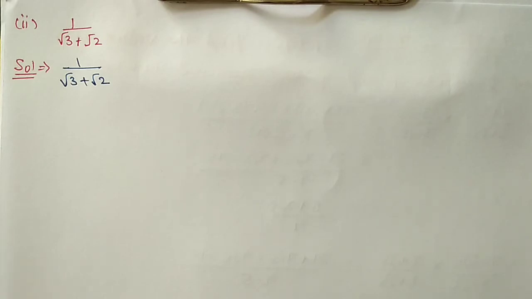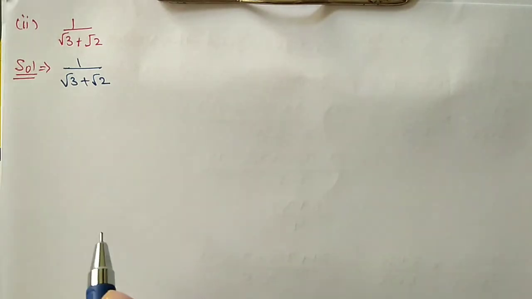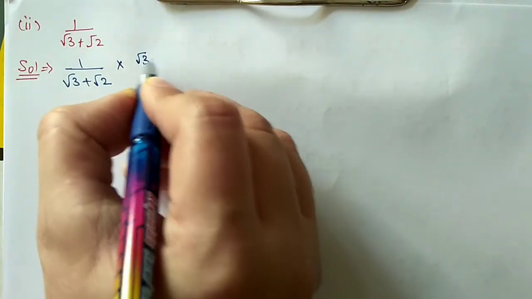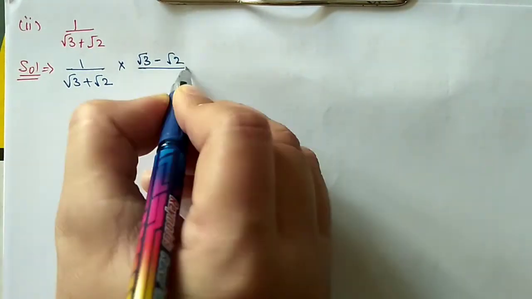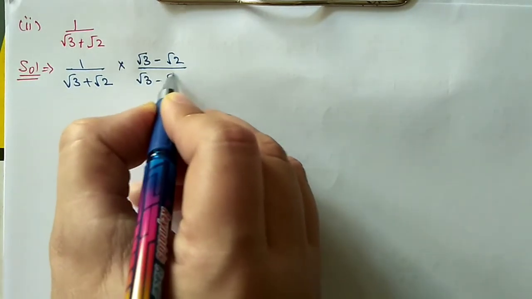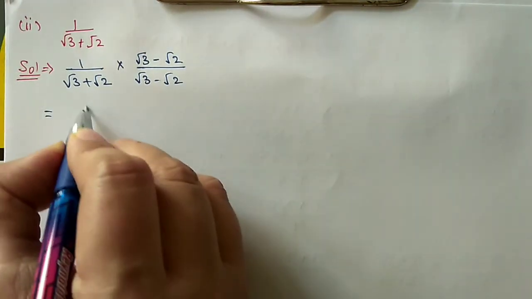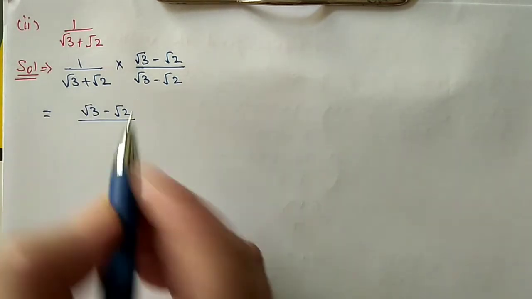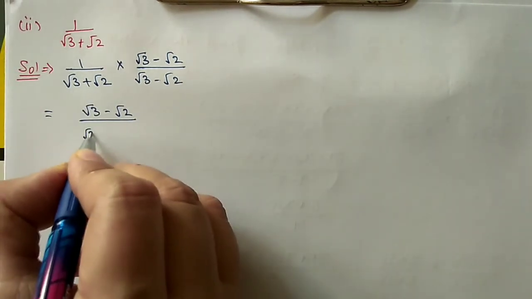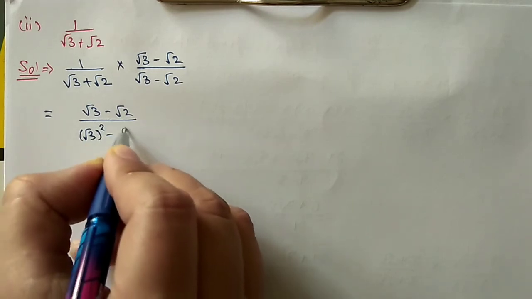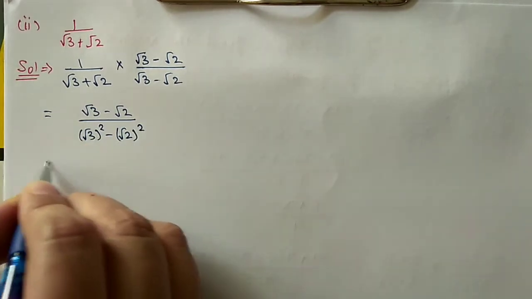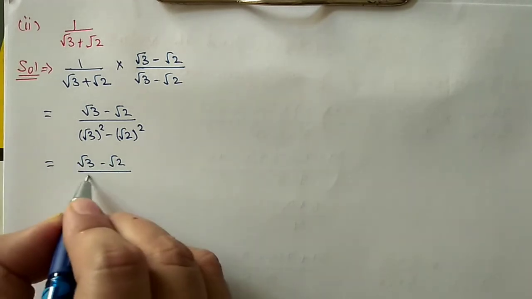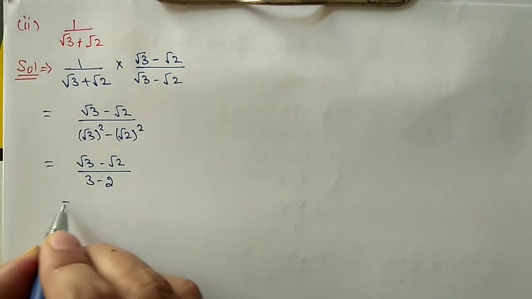Second part, 1 by root 3 plus root 2. So first we will rationalize the denominator. For that we will multiply with root 3 minus root 2 up and down. So in the numerator we will get root 3 minus root 2, and in the denominator the formula a plus b into a minus b, a square minus b square. So root 3 minus root 2 divided by 3 minus 2, which will be equal to 1.